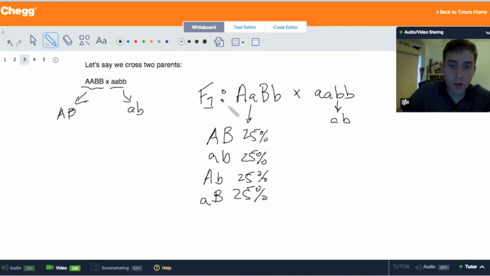Now, all of the F2, the progeny that's formed between this cross that we're doing right now, will all have this little a, little b gamete or chromosome, no matter what. So we don't even really need to worry about that for our genotype and phenotype purposes of F2, so we can just neglect this because they'll all have it, and it doesn't really do anything because it's recessive alleles.